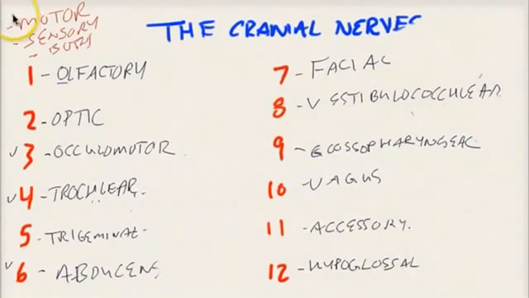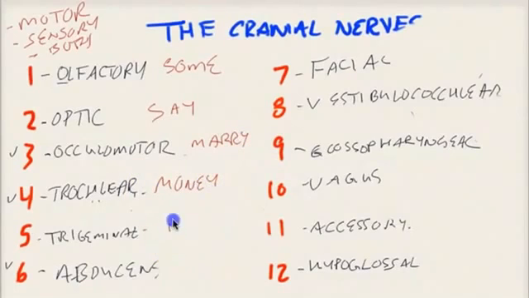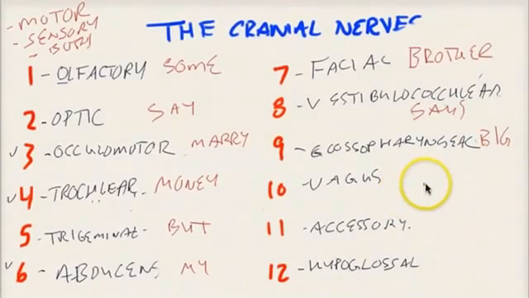Now, there's lots of mnemonics for determining this as well. But one of the most common mnemonics is: some say marry money, but my brother says big brains matter most. Now, if you write that out: some say marry money, but my brother says big, and you can use big brains or big breasts, whatever helps you remember.